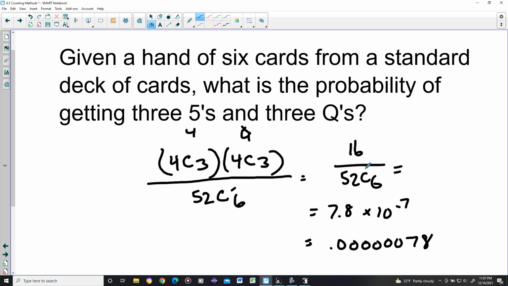If you were to open this up to be 3 of any value and 3 of any other value, it gets a little better, but not by much. You're basically multiplying this by 13 times 12, which is 156.